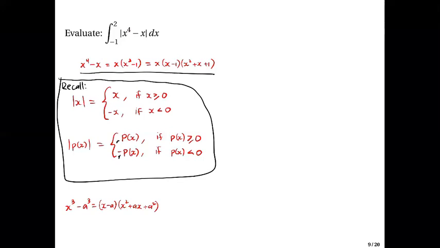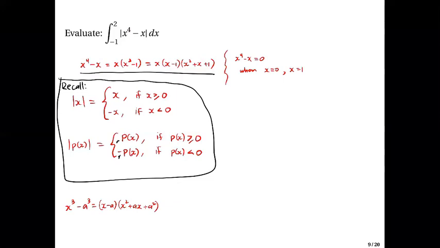So now we have this factored form. Now, x to the 4 minus x equals 0 when, if you look at this factored form here, it will be 0 when x equals 0 and also x equals 1.